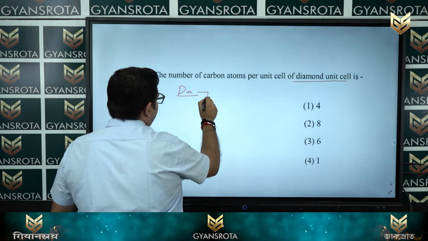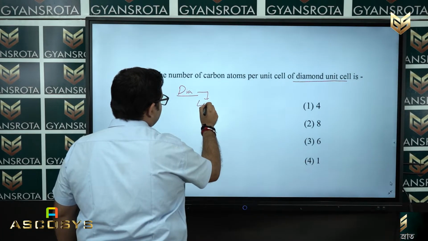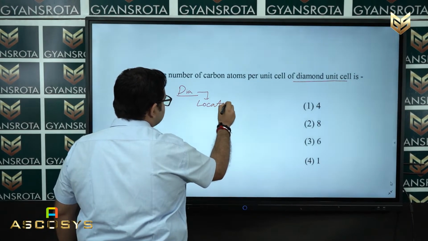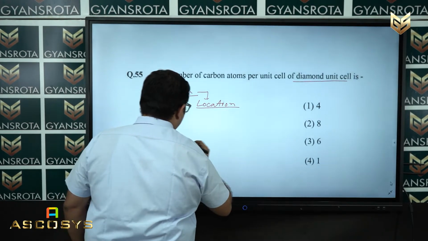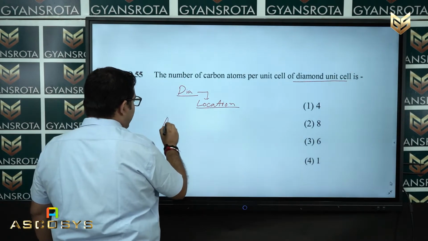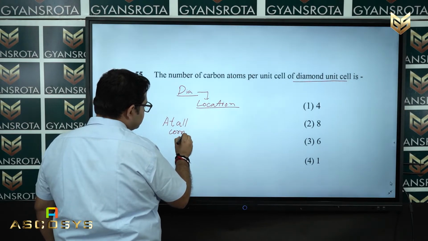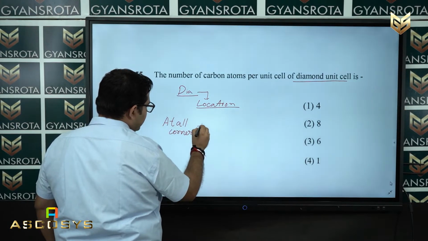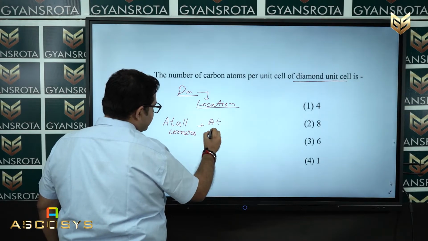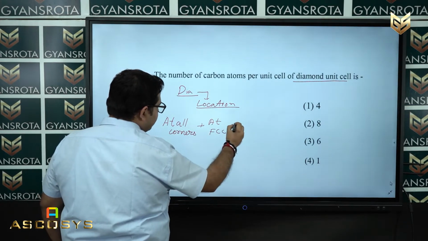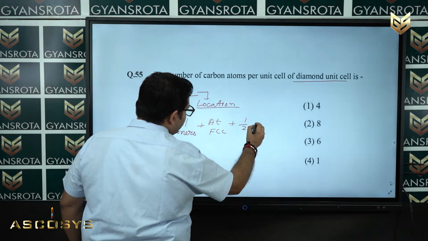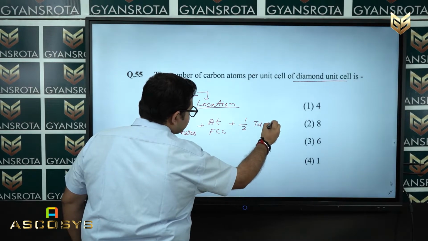So first we have to know the locations of the atoms. So the atoms are present at all corners, plus at FCC, plus half of the tetrahedral voids.